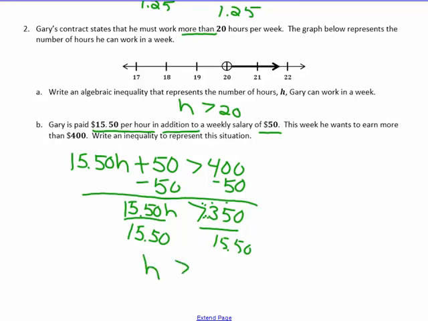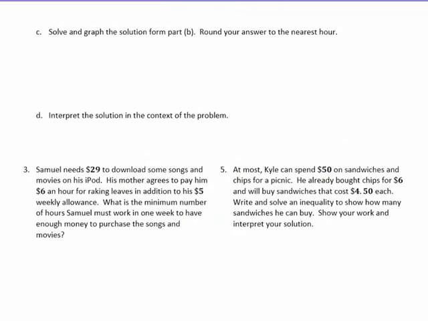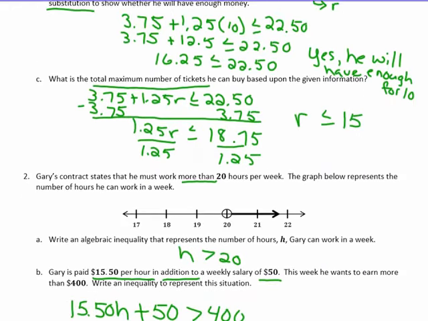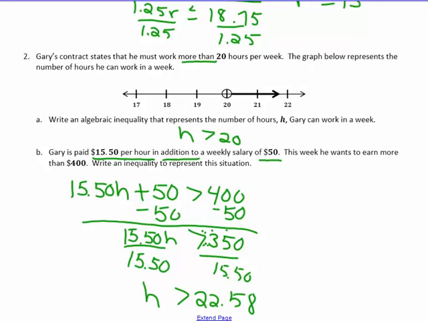So H has to be greater than 22.58. Now, they want to know, on the next page, round your answer to the nearest hour. So the nearest hour is going to be, but I can't round down. Well, I can round up. So H has to be greater than 23.